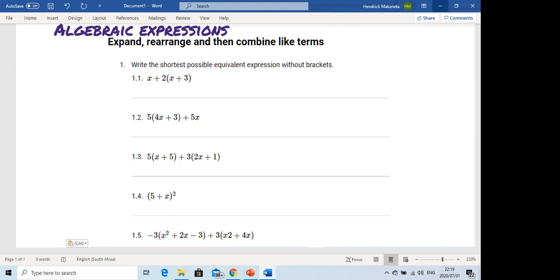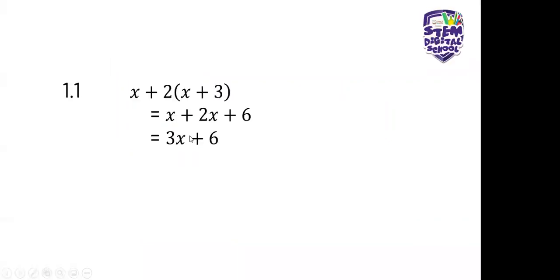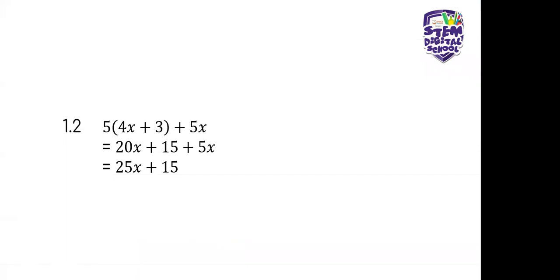So 5 times 4x, and then 5 times 3. And thereafter, you have 5x. Can we show you how we have done this? Now, this is the expression in the beginning. You have 5 open bracket 4x plus 3.